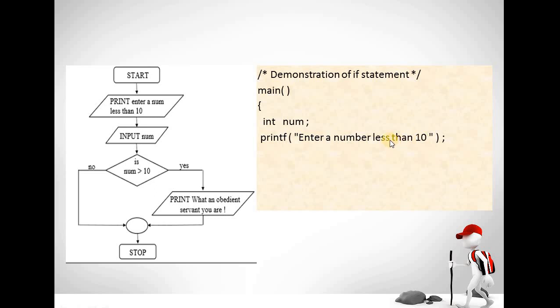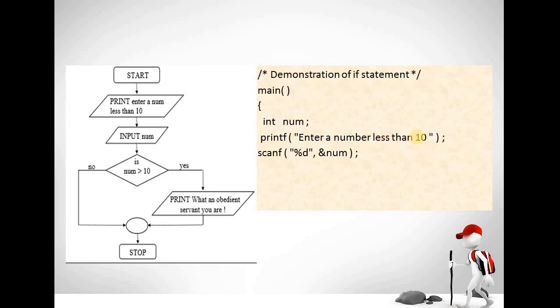So what does it mean? The user will get a message, enter number less than 10. That's how the user gets to know what to do: enter a number less than 10. Now, there is a scanf statement which takes input from the user and stores it in the appropriate variable.